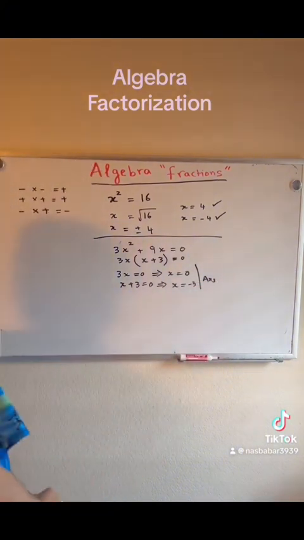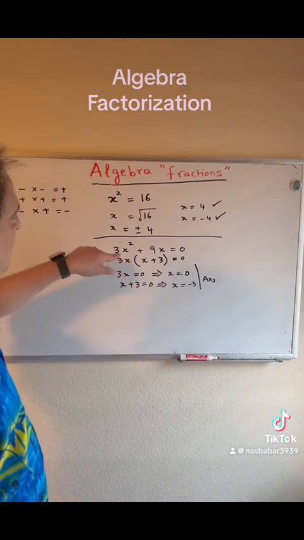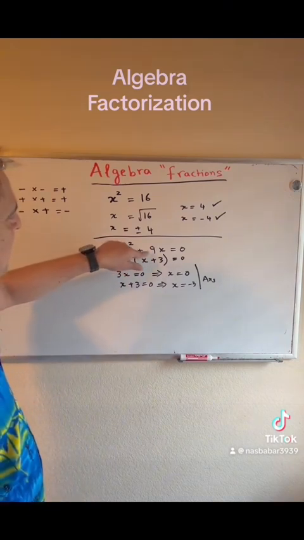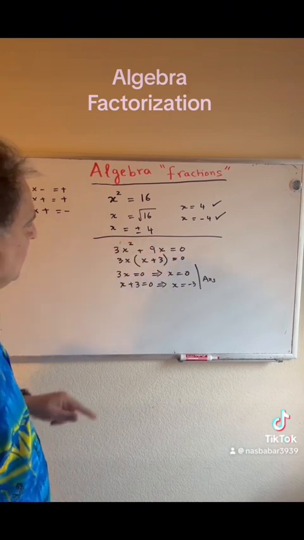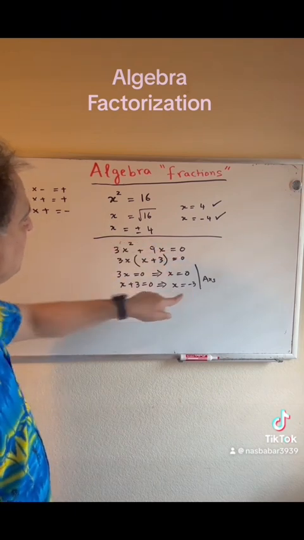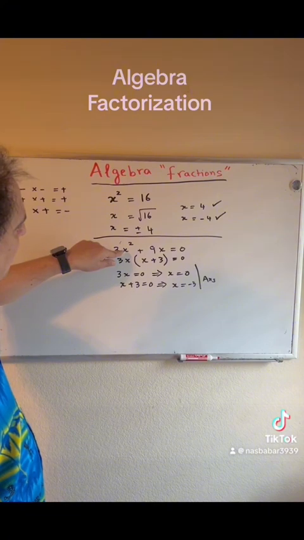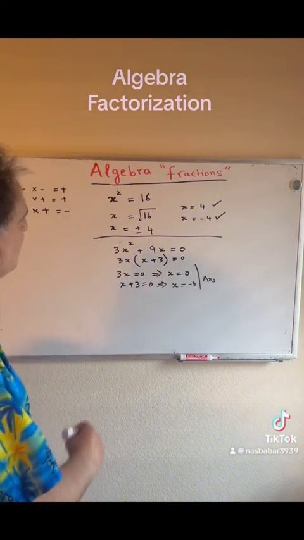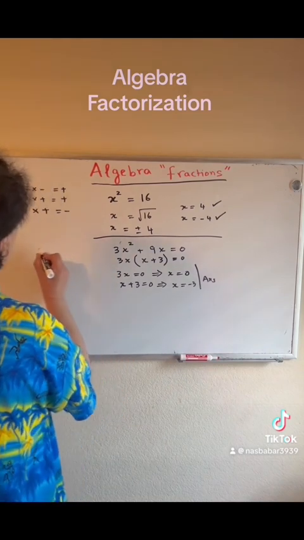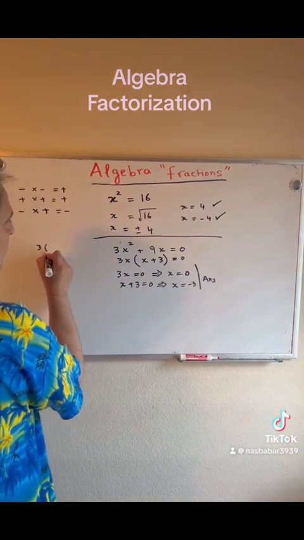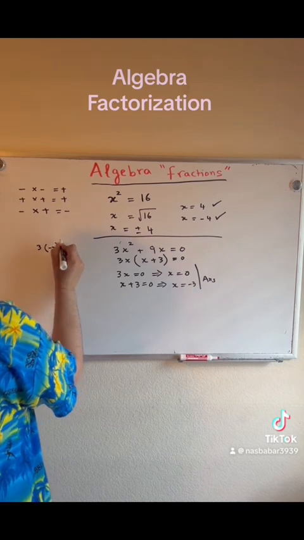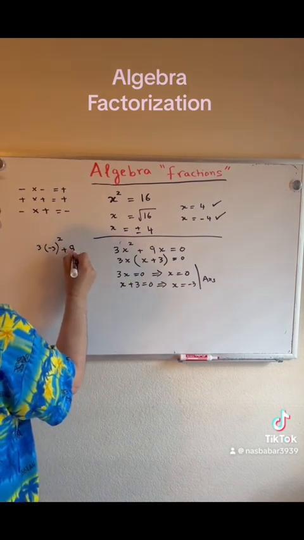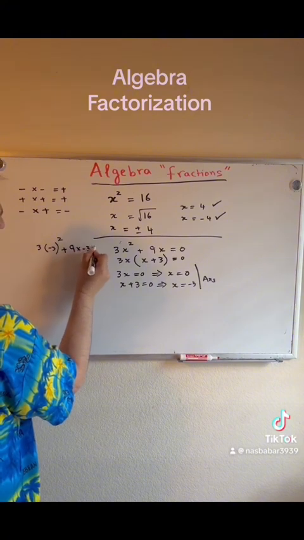And you can check. You can go back to the equation and plug in 0 over here. 0 squared is 0 plus 9 times 0 is 0, so you get 0. You go ahead and plug in minus 3. 3 times minus 3 squared, I'm just plugging it in, plus 9 times minus 3 is equal to 0.